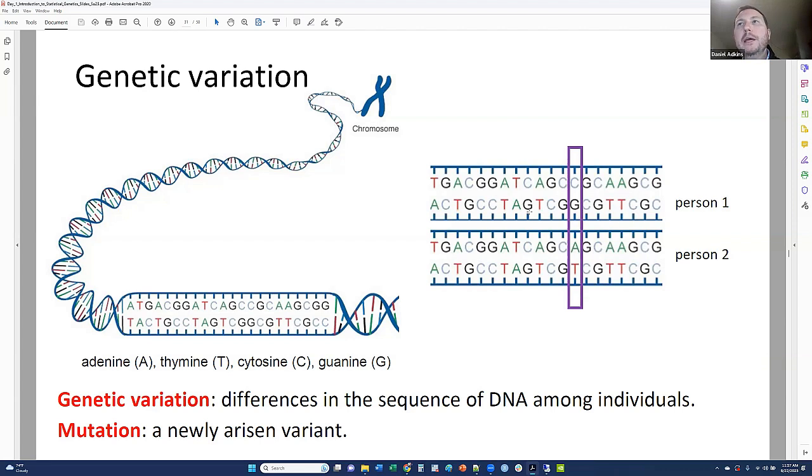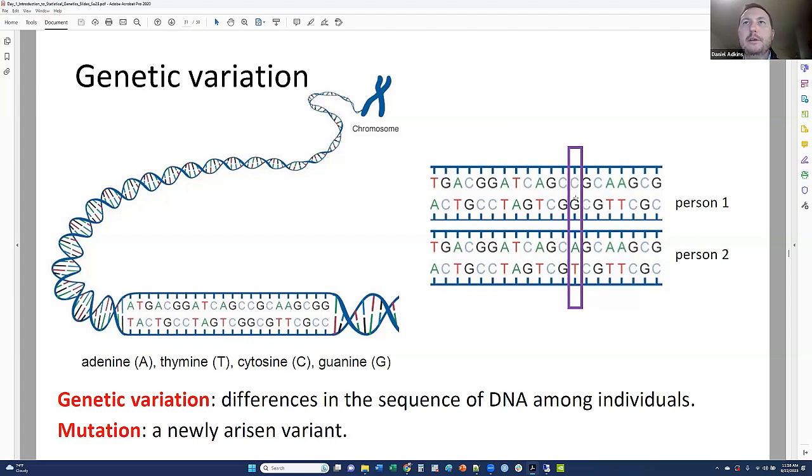Now, if we zoom in on 2 different individuals here, at this locus or location in the genome, these folks are the same on all of their base pairs, except for the one in the purple box here. Here we actually have a polymorphic site or a variant. So this would be a locus in the genome where individuals vary in terms of their sequence.